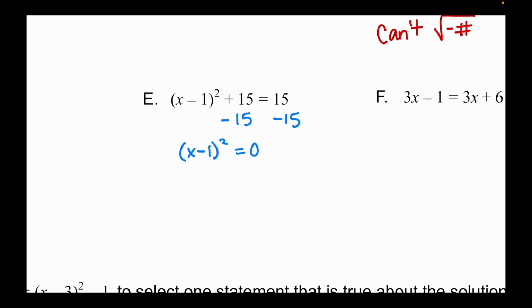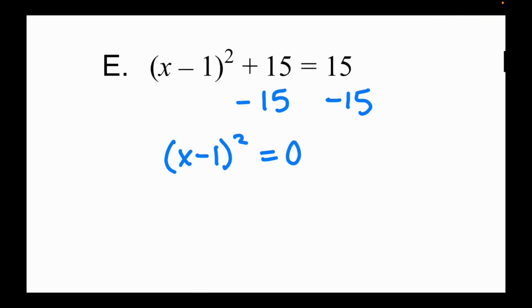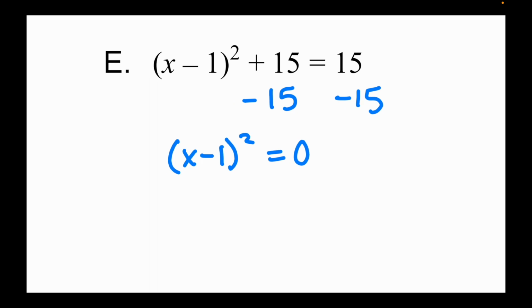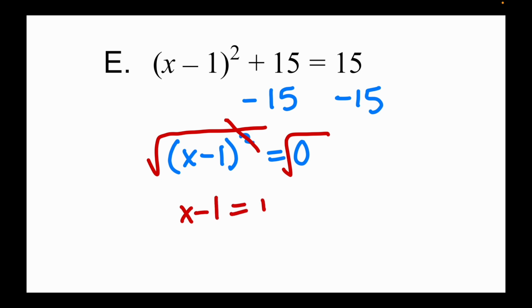I don't want you to think that this one has no solution. 0 is a number, and it counts as a solution. So if we were to then take the square root here, we do end up with x minus 1, but then it's equal to positive or negative 0.